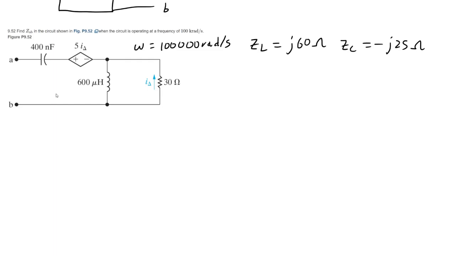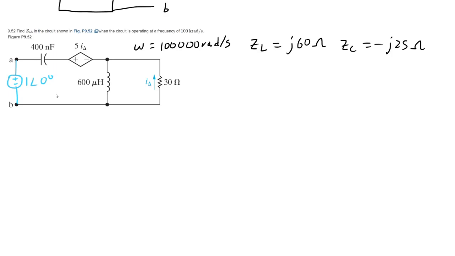And now we actually have to find out what the values for these voltages and currents are, so we can find out what the voltage drop is for all this. So to do that, I'm going to connect a test source. Going to be 1 volt with a phase angle of 0. And I'll call the voltage across.